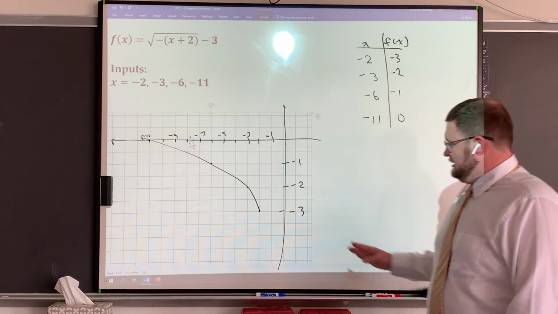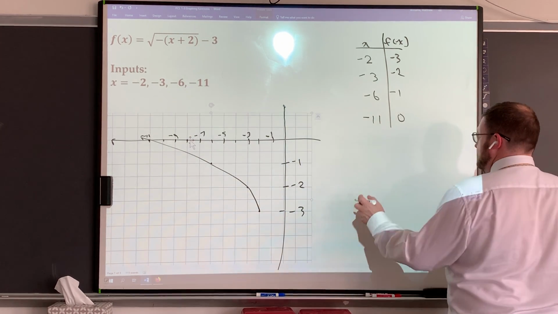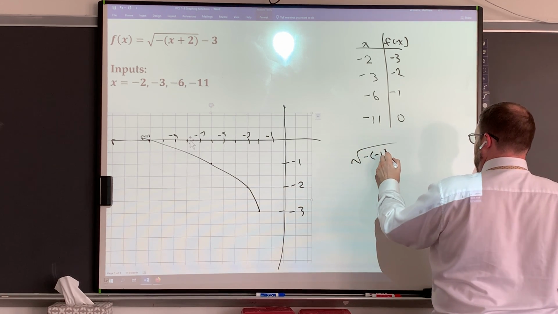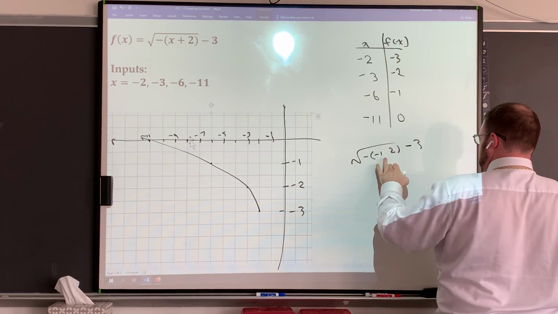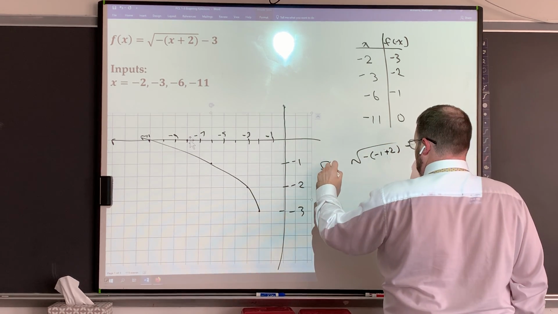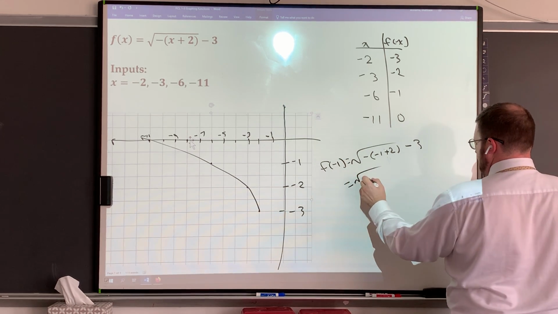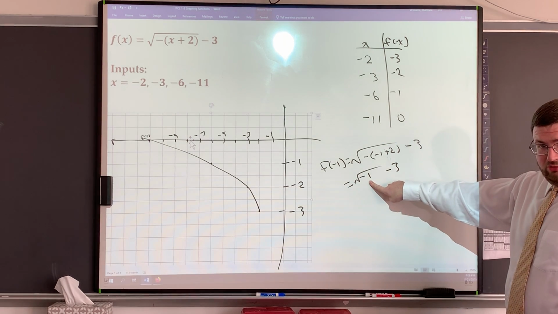You will notice that I did not continue it over here. The reason why is if I insert, for instance, negative 1 for my input, if I do f of negative 1, then I will get square root of -1 minus 3. And you cannot take the square root of -1.